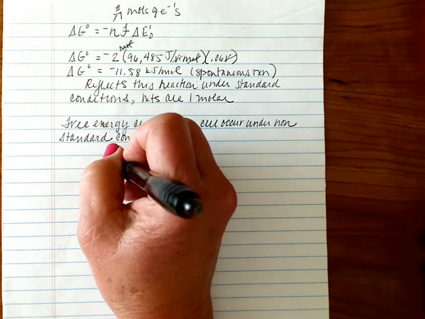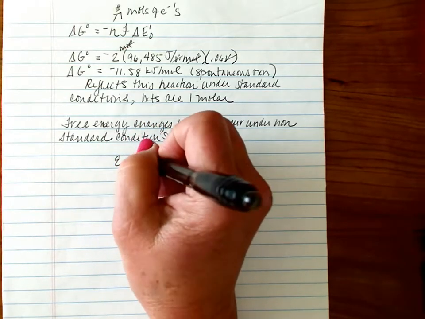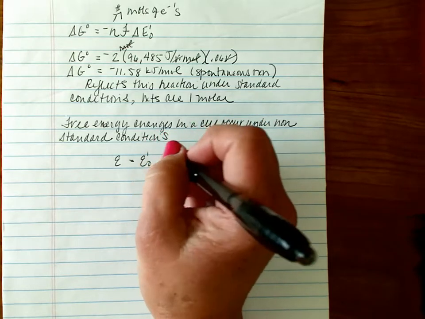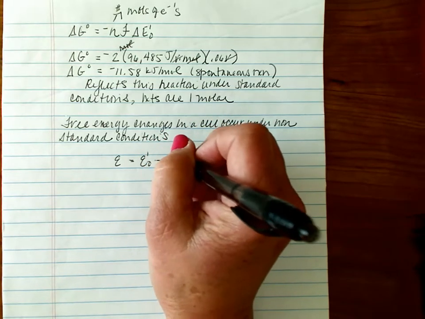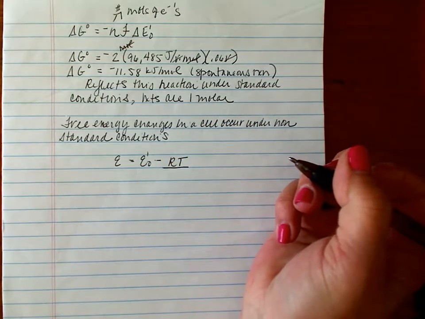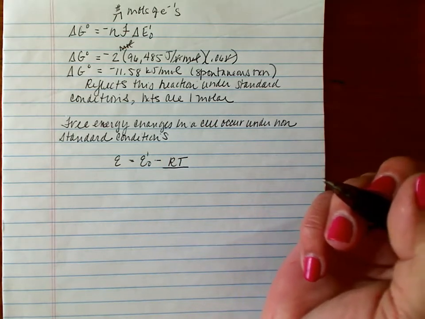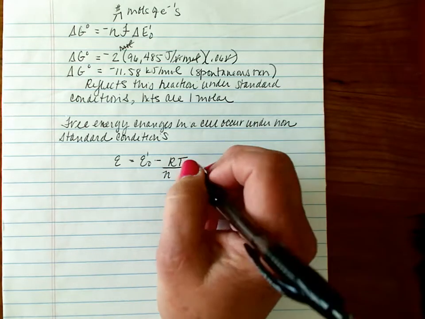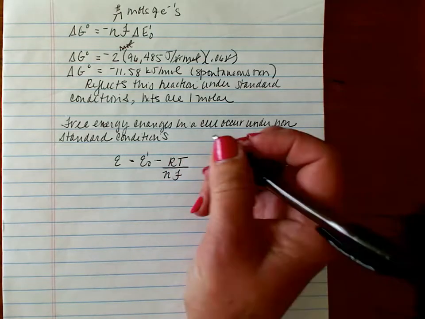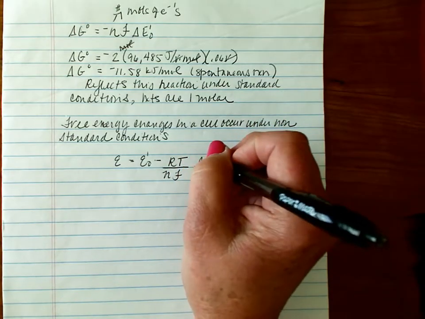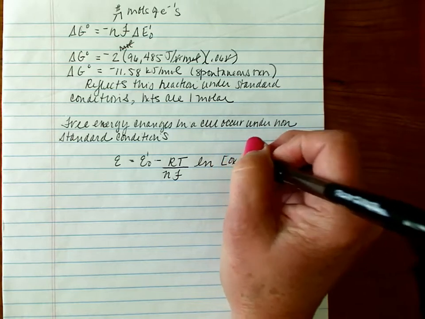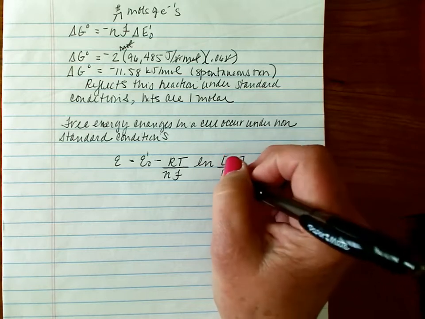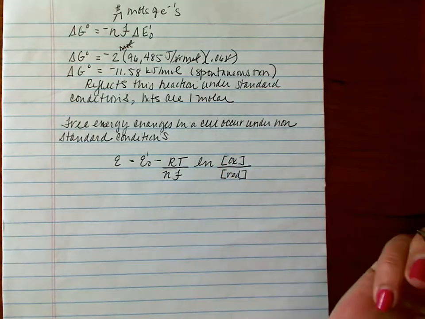And that equation is E equals the standard E minus RT, where R is the gas constant and T is temperature, divided by n, the number of moles of electrons, times the ln of the substance that is oxidized divided by the substance that is reduced.